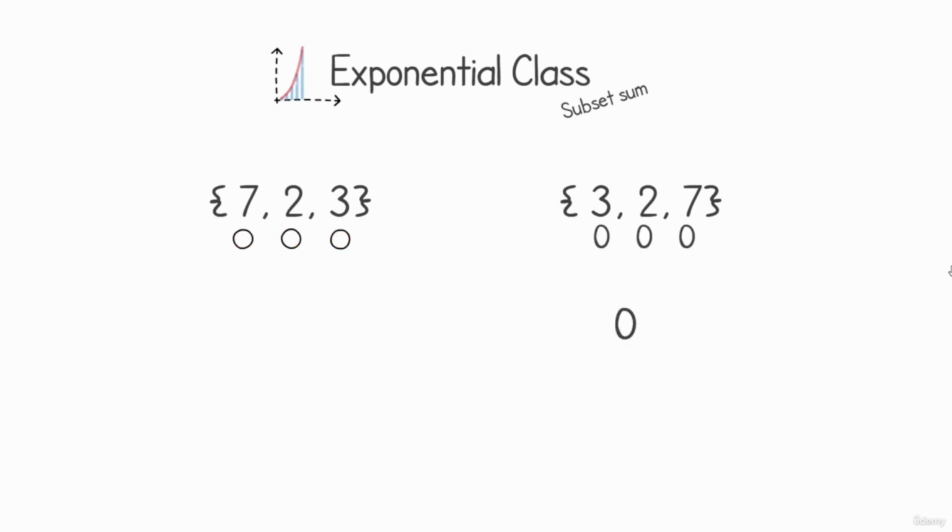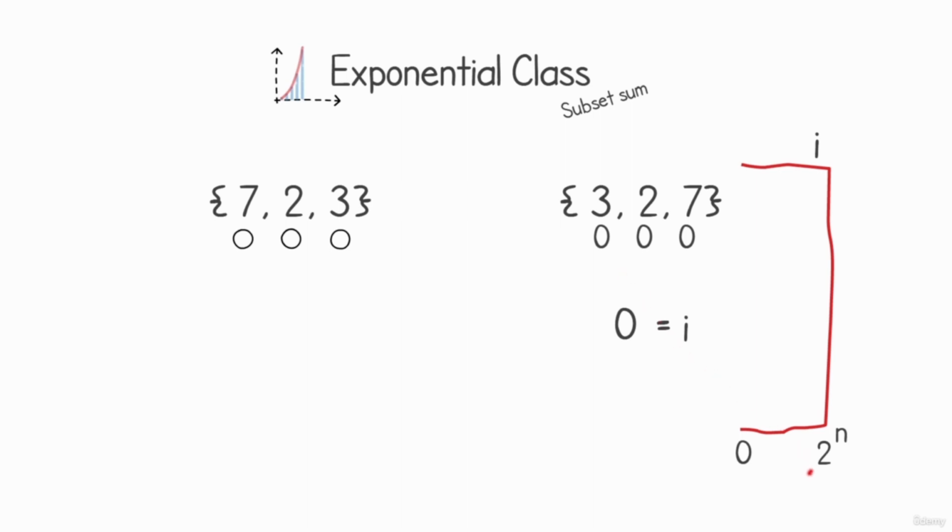If we go into more detail of the algorithm, we need an outer loop that uses i starting from 0 until 2 to the power of n. This is an exclusive loop, so we stop 1 less than 2 to the power of n. This i will represent this binary number over here, the one that will tell us which numbers we should choose from our input set.